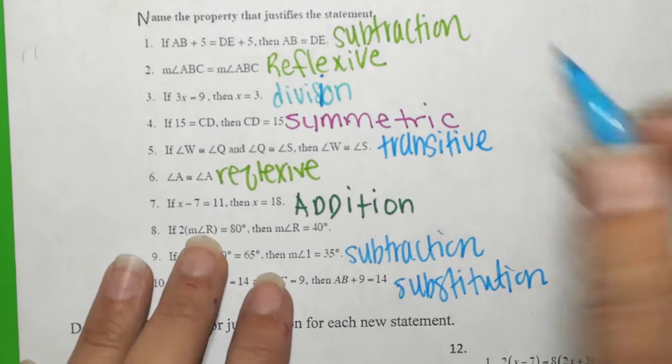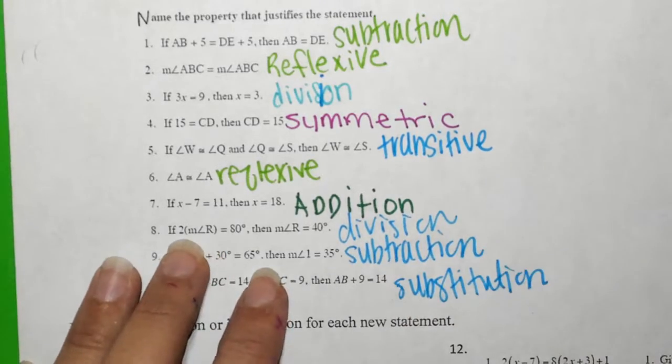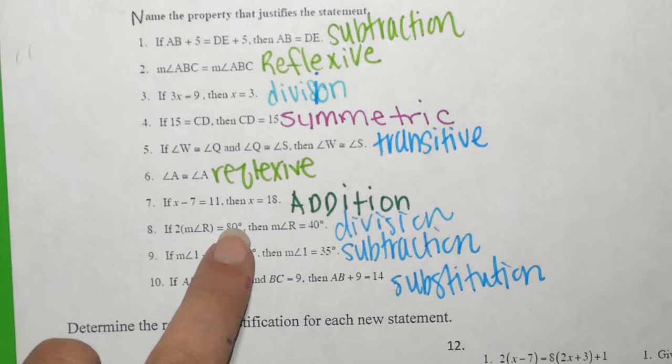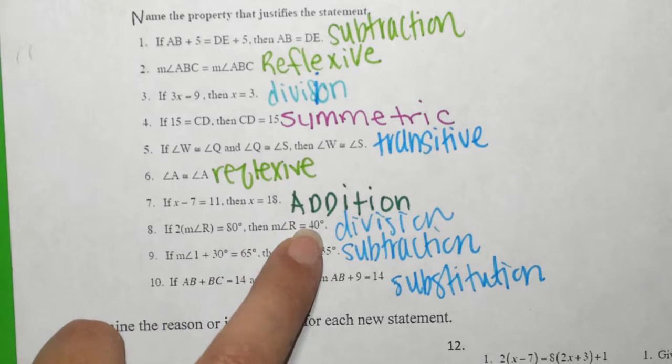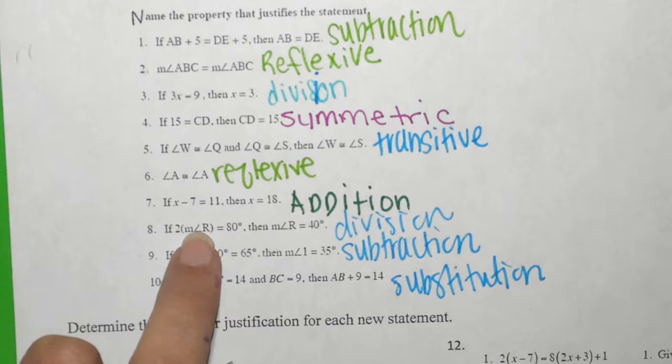Christian. Division. Okay, take a point. You shouldn't guess because there was a 2 and an 80, and now there's a 40. Because it's 2 times the measure of the angle, is what that's saying.